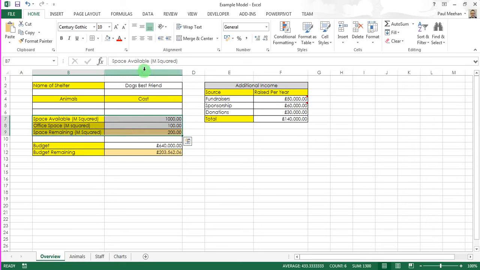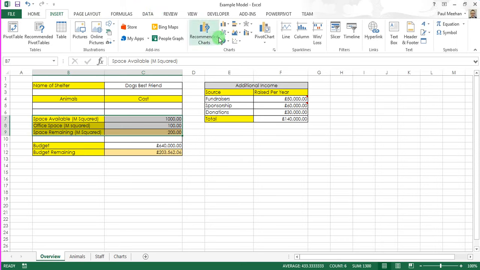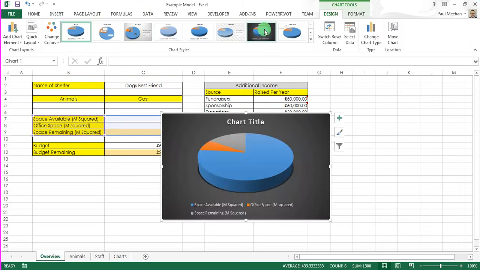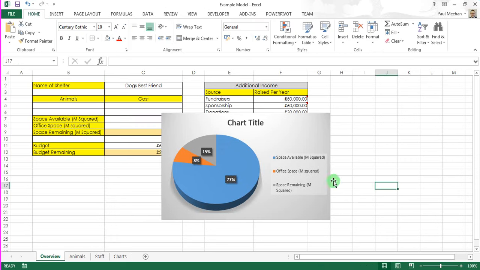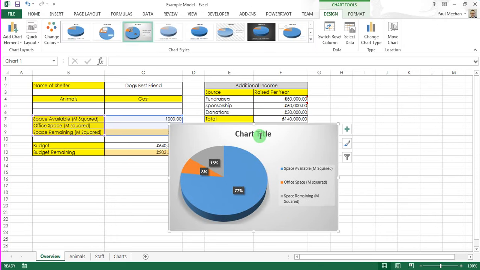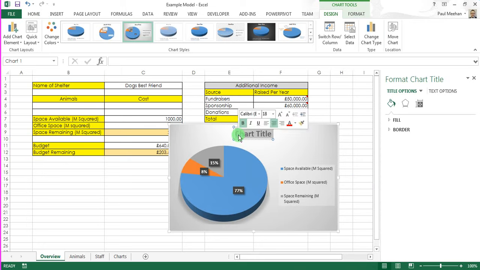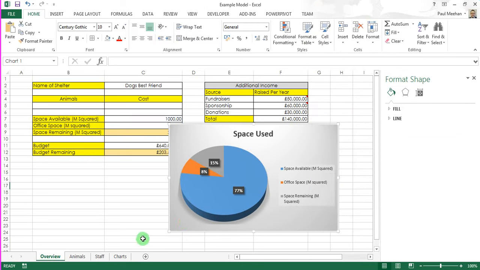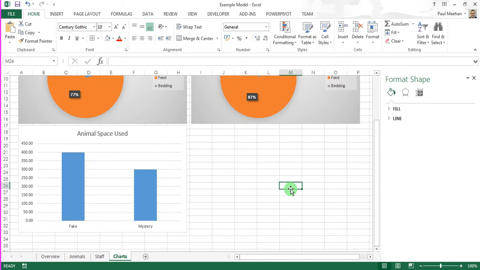Space available. Meter squared. But yeah, we could do that. I like doing pie charts, but you know we could play around with this. So cut it and put it on your charts.